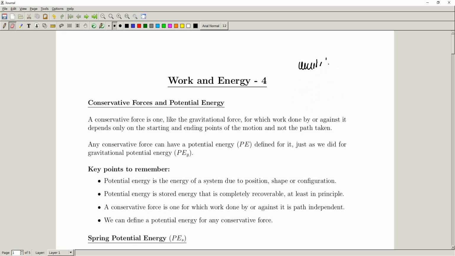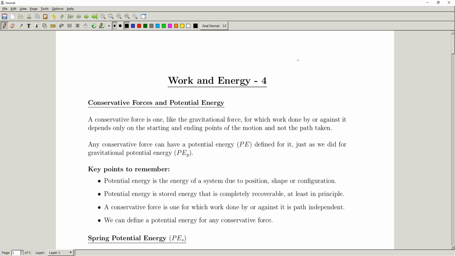Let's take a look at a few of these other key points I wanted to remember. Potential energy is energy that's stored and completely recoverable, at least in principle. So it's not energy that's lost to us. In the case of gravitational potential energy, we can tie a generator to this brick that we've lifted up, and we can extract the energy that we have stored in the system.